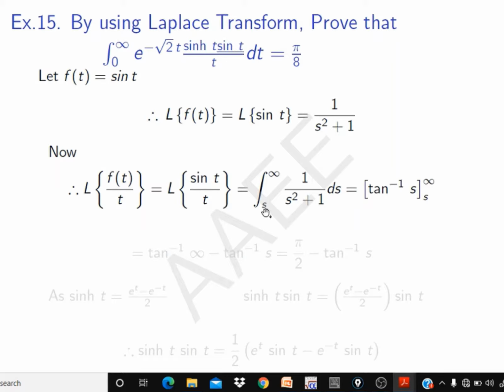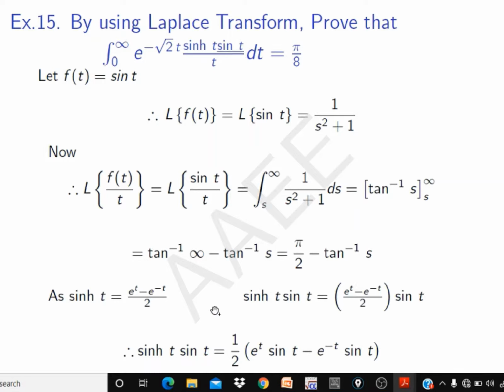So that is integration from s to infinity 1 upon s square plus 1 ds, since the Laplace transform of f of t by t is integration from s to infinity f bar of s ds. Here f bar of s is 1 upon s square plus 1, and this integration is tan inverse of s with limits from s to infinity. That is tan inverse of infinity minus tan inverse of s, and tan inverse of infinity is pi by 2, so pi by 2 minus tan inverse of s.